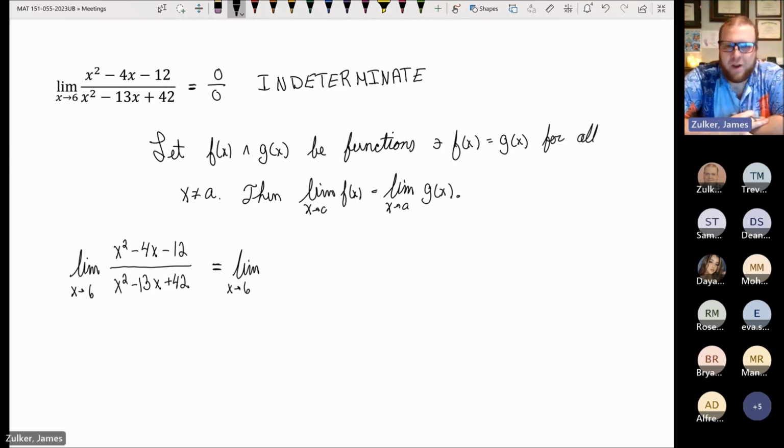Completely factor the numerator. It'll be 6 and 2. Completely factor the denominator.